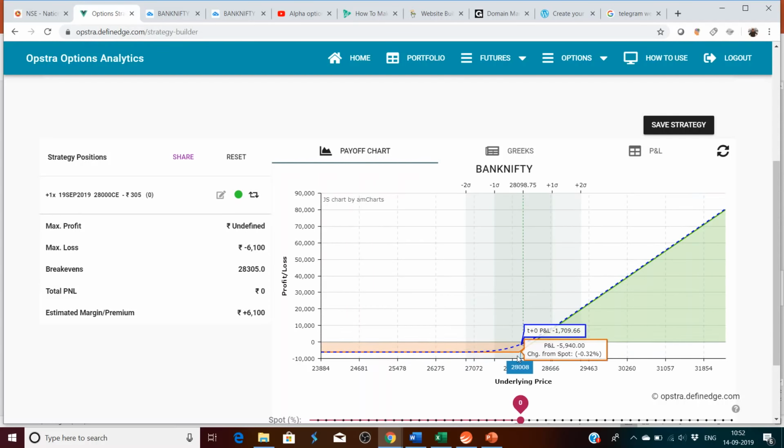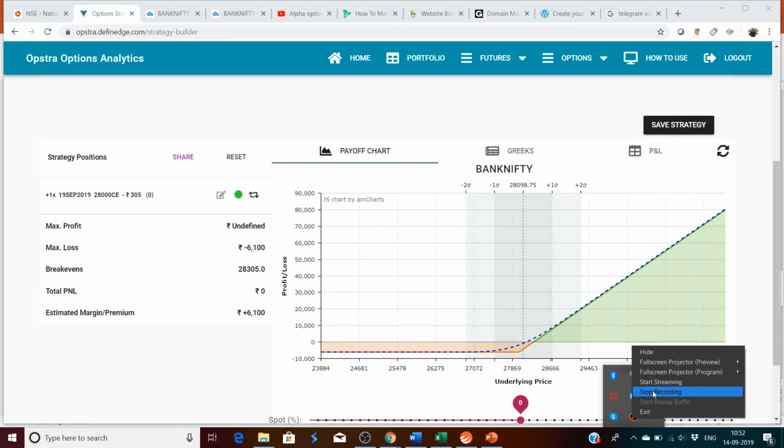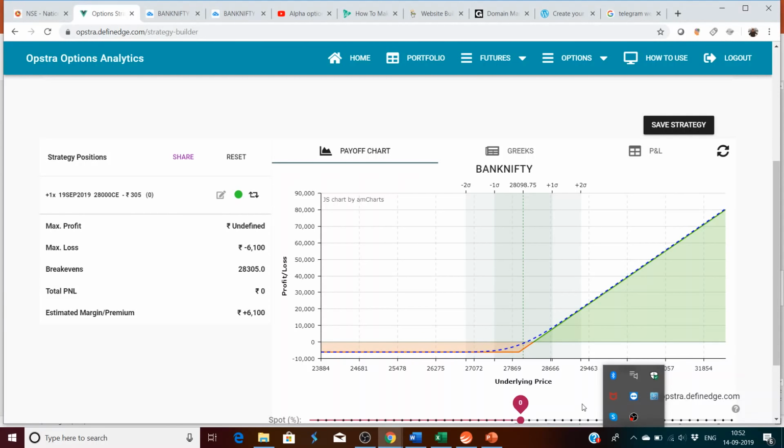So if the market starts going below this 28,305, then you start losing money. So first 4,000, 3,000, and then your maximum loss will be 6,100. So this is call.